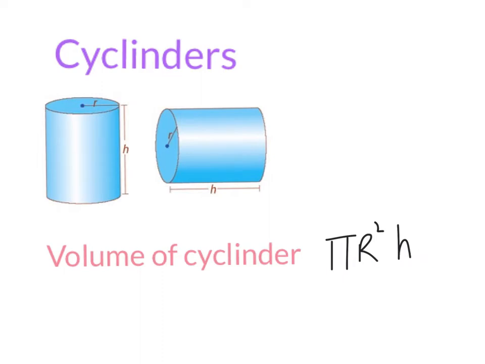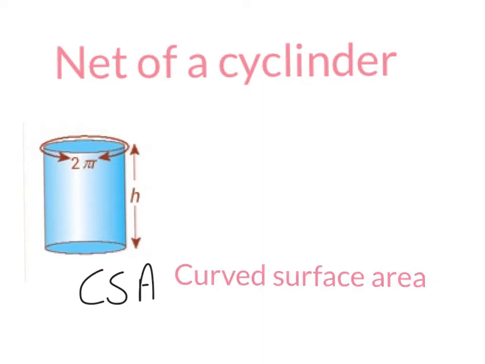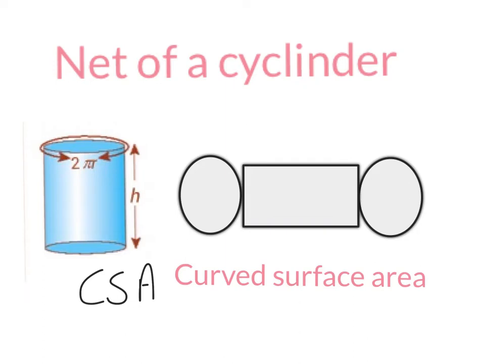Pi r squared h. Now the net of a cylinder is obviously a little bit trickier, and we use the net of the cylinder if we're asked to find the CSA, which stands for the curved surface area. If I was to draw the net, at the top I would have a circle, at the bottom I would have a circle, and in between the two I would have a rectangle, okay?